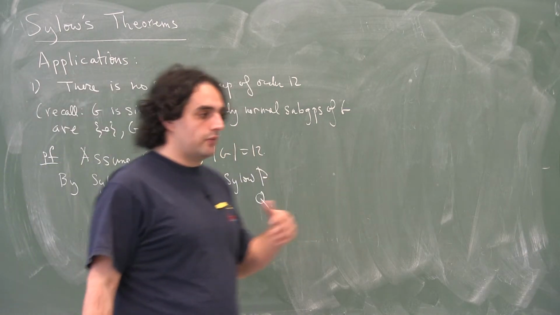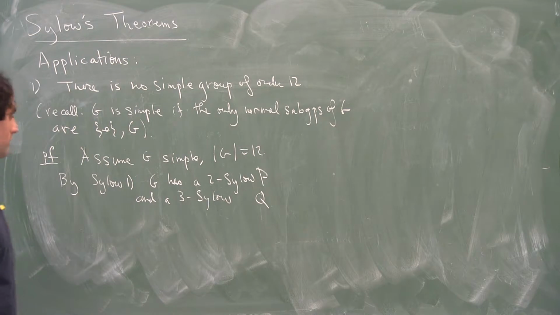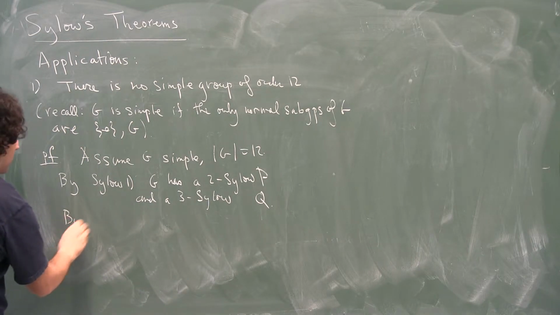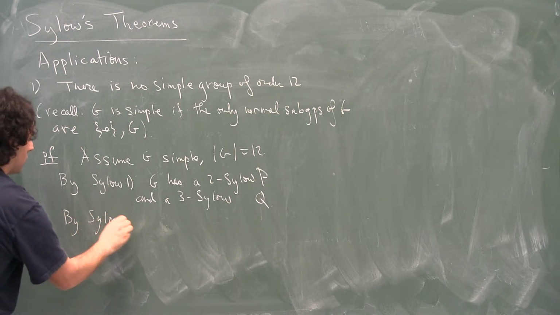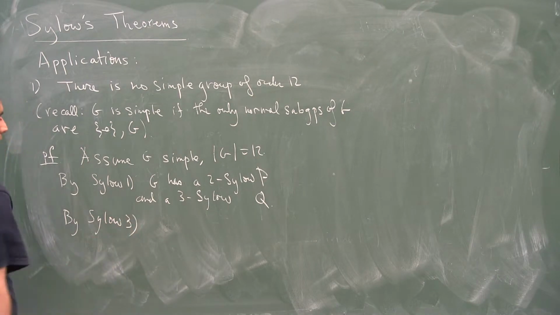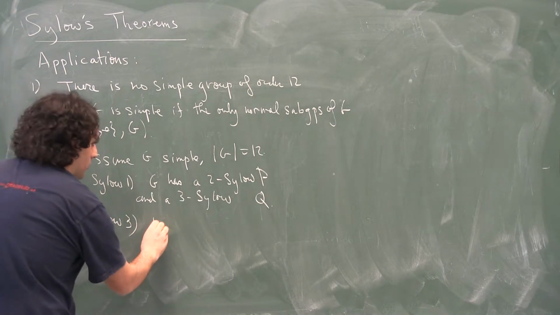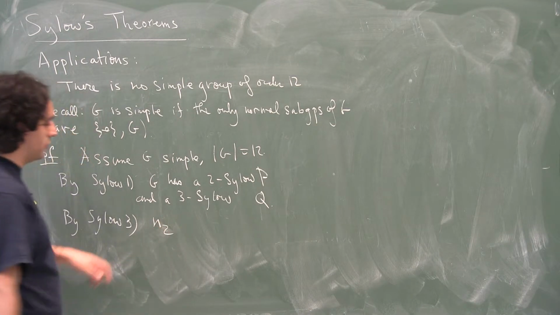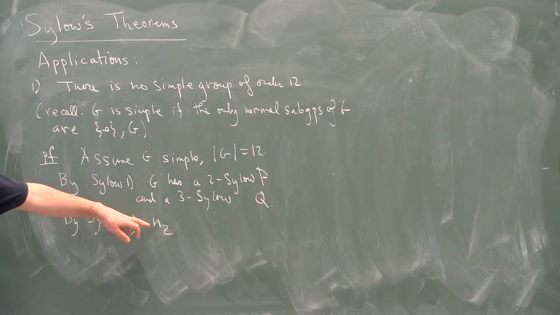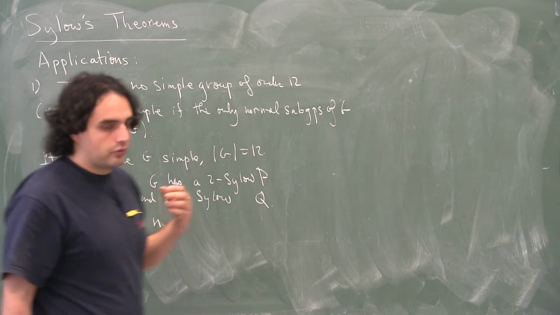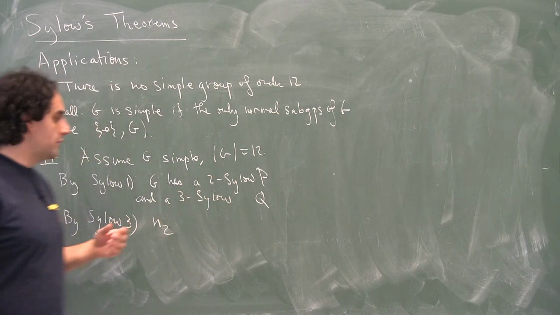To say things about them, we have to use Sylow 2 and 3. So by Sylow 3, the number of 2 Sylow subgroups, remember I'm using, as in the statement of the theorem, NP to mean the number of P Sylow subgroups.